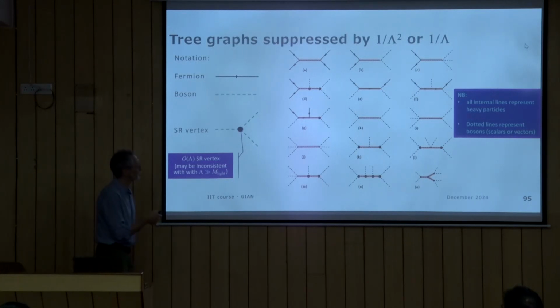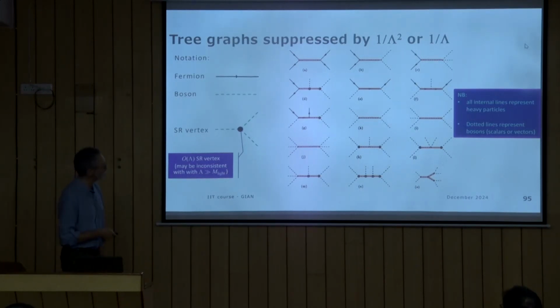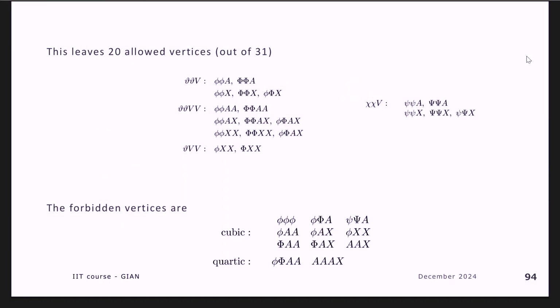It's easy to check. And so that's why it necessitates this. Any graph that you might cook up that is not in this list involves one of these vertices in one way or another.